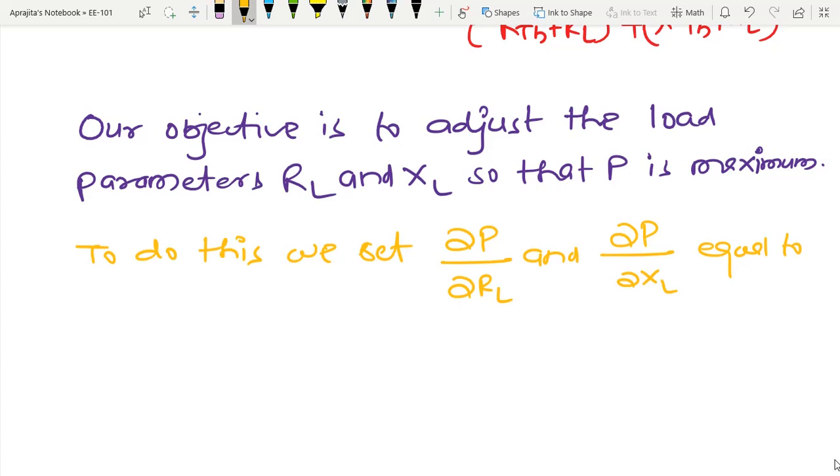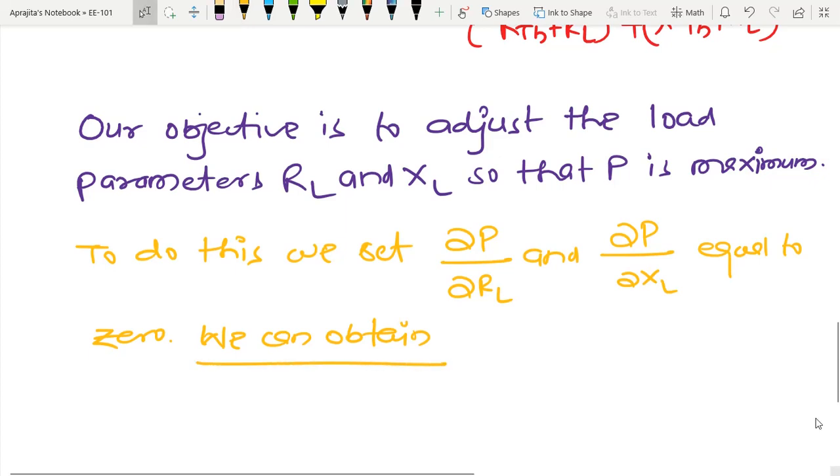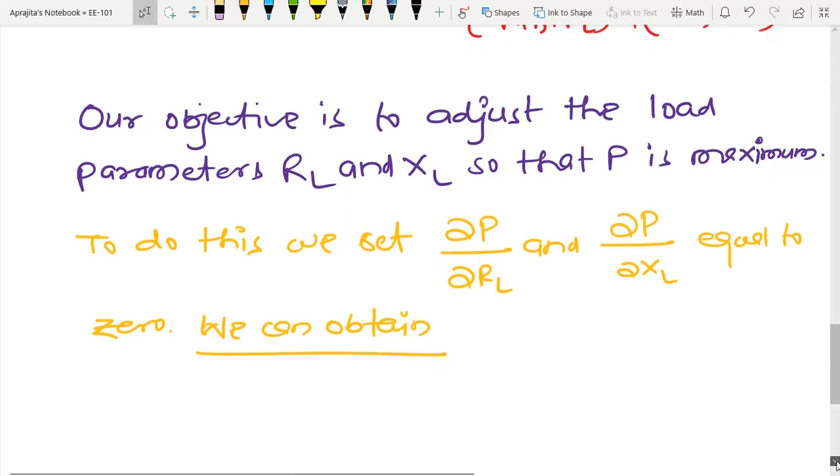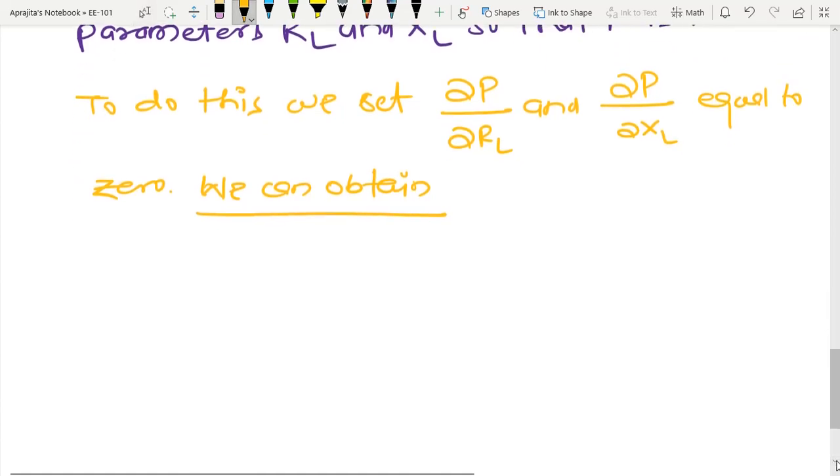So first we have to calculate the partial derivative with respect to one variable, and after that the partial derivative with respect to the second variable, and set them to 0. We are going to write the following form.